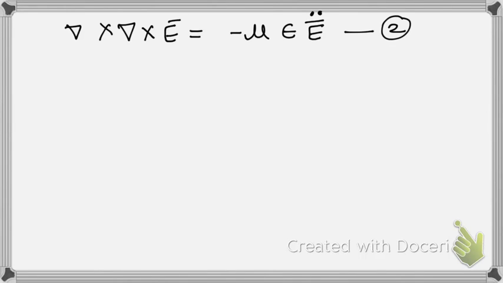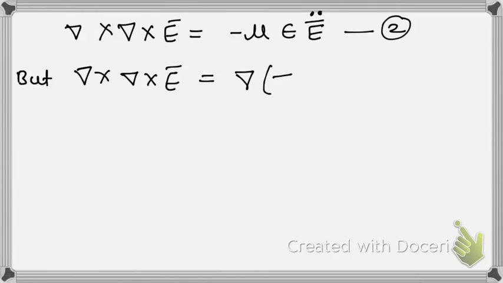Equation number 2. But del cross E bar is equal to, there is a vector identity, that is del cross E bar is equal to del in bracket del dot E bar, gradient of divergence of E bar, minus del square E bar.